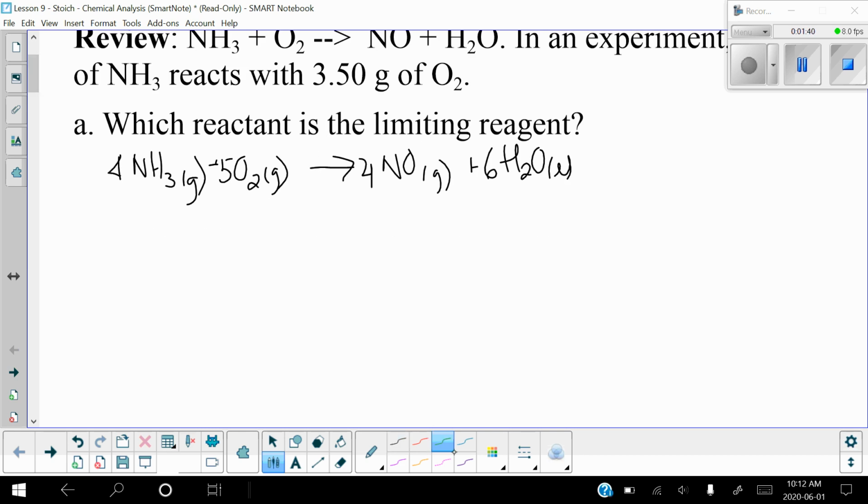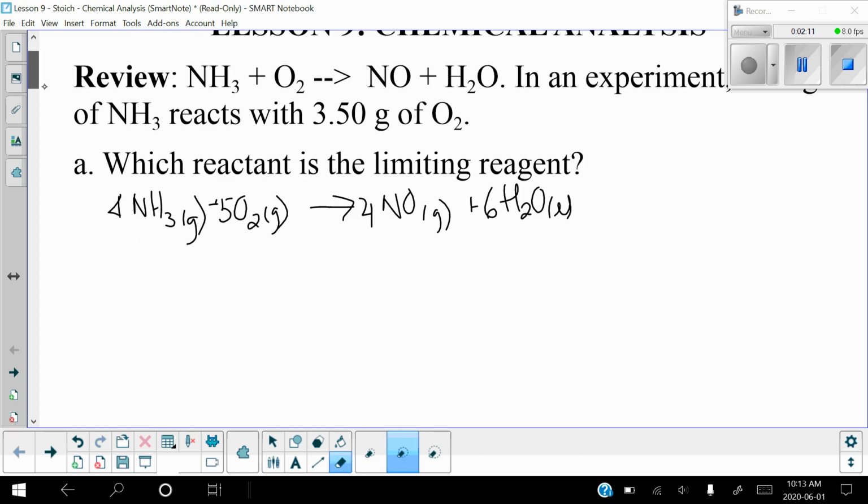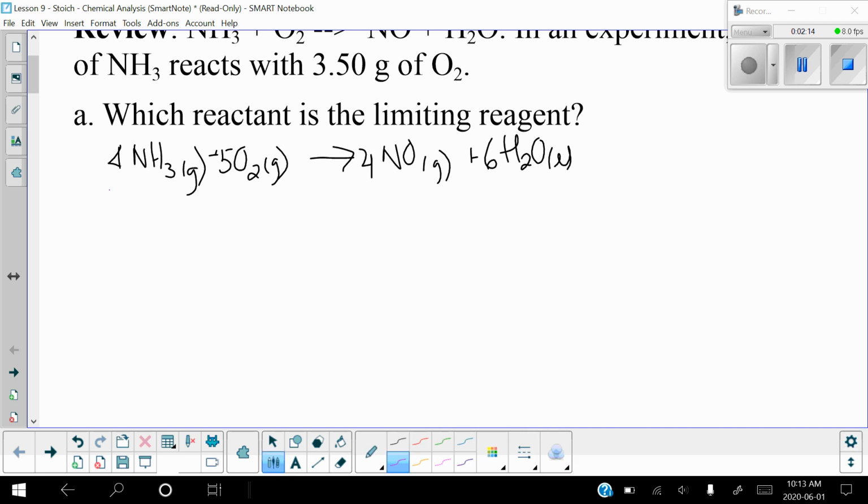So in the pink, I'm going to do ammonia, which is 3.25 grams, and it is reacting with 3.5 grams of oxygen in the blue.